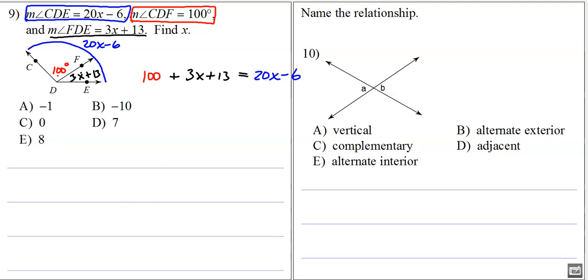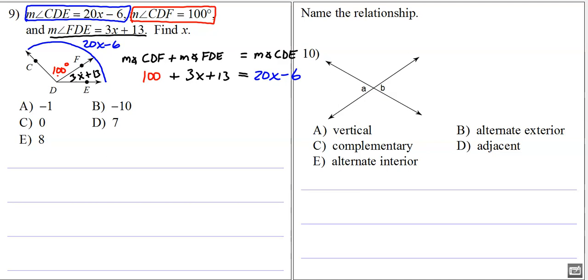So, if you didn't quite follow me there, if I wanted to write it formally, I would say the measure of angle CDF, which is 100, plus the measure of angle FDE, which is 3x plus 13, equals the whole thing, which is the measure of angle CDE. That step is not necessary, but it might help show where those numbers came from.